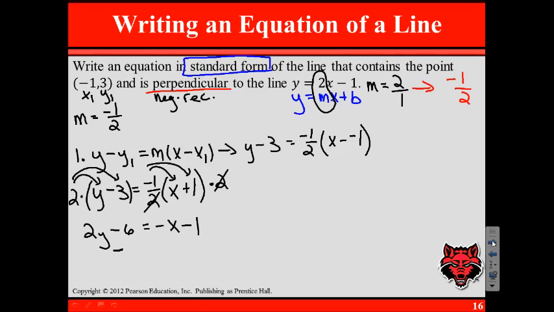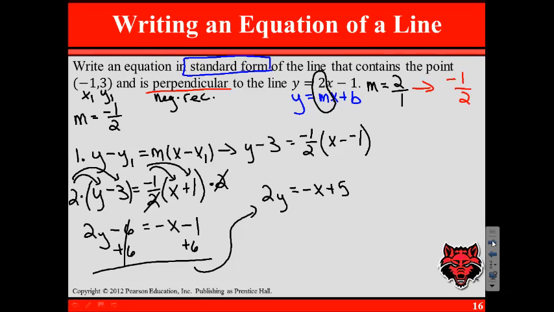We move all of our constants to the right side, so we start by adding 6. The 6's cancel. And this becomes 2y equals negative x plus 5. Because we want the equation in standard form, we move all of our x's to the left side. So we add x to both sides. The opposite x's cancel on the right. We're left with x plus 2y equals 5.